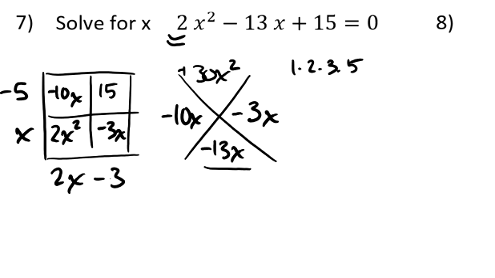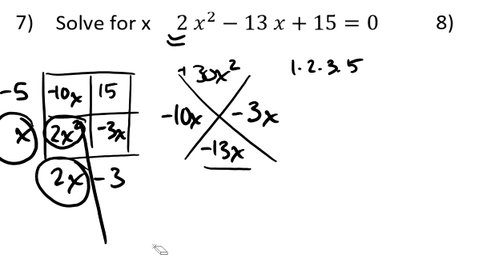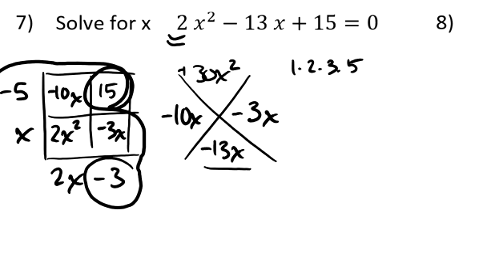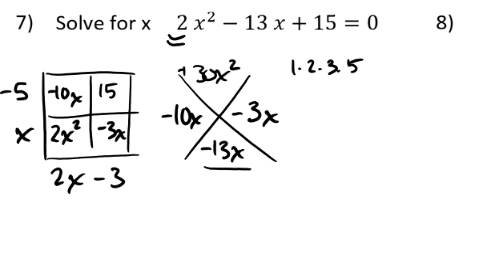So if I'm just checking here, this 2x times x is indeed 2x squared. Okay, so that checks. Also, negative 3 times negative 5 is 15, so that checks.